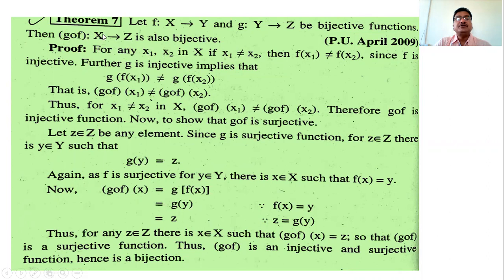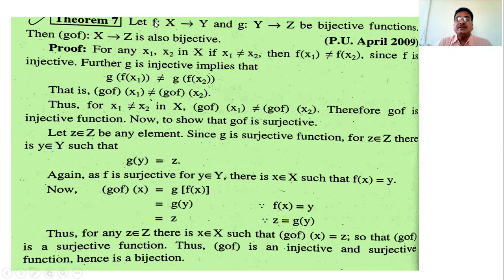So take two elements x1, x2 in this set X, such that x1 is not equal to x2. Now we have to show G circle F of x1 is not equal to G circle F of x2. So x1 is not equal to x2, and this function F from X to Y is bijective, which means this function is injective.